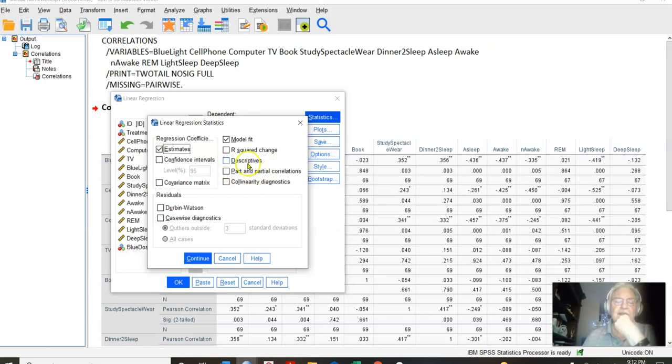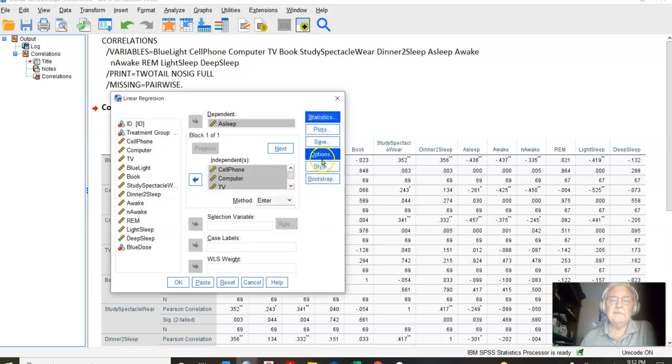The descriptives aren't that useful in this context without splitting them into groups. The big one that we want to do is Collinearity Diagnostics. This is multicollinearity. This is when the independent variables are correlated with each other. Because if they are, they steal variance from each other and can mislead you on the results. So that's an important one to look at.